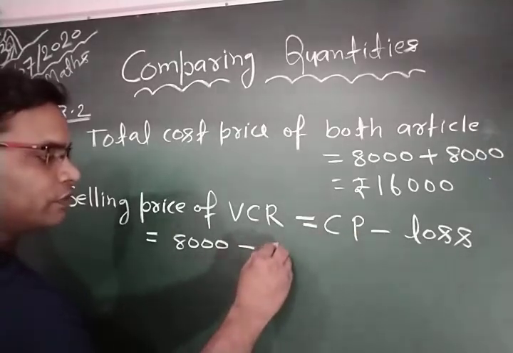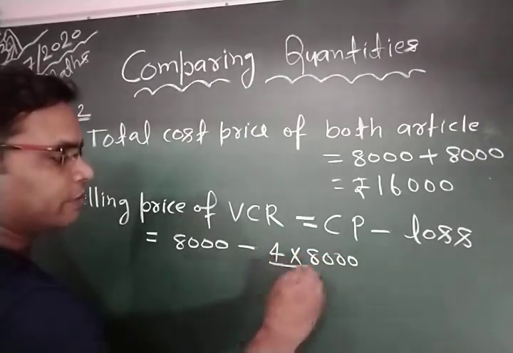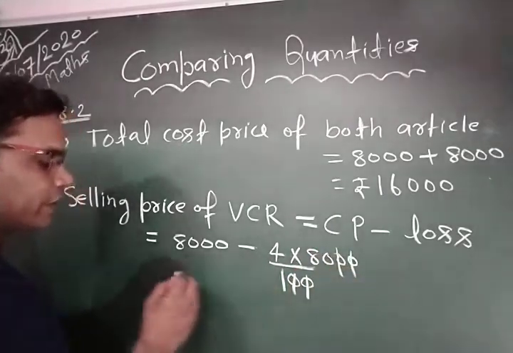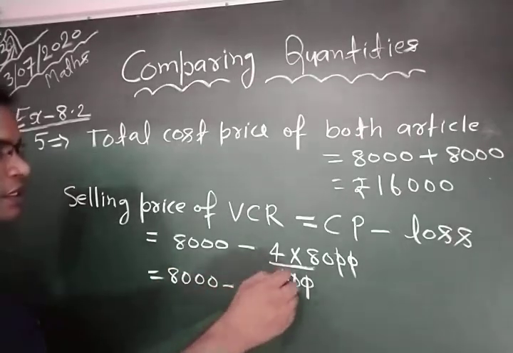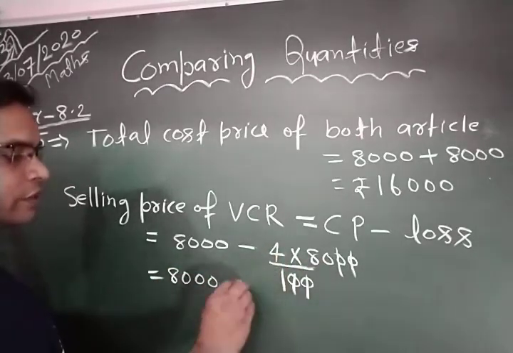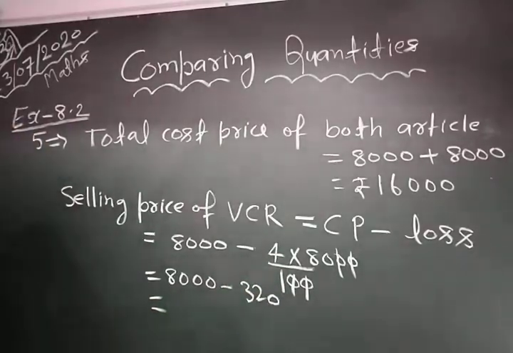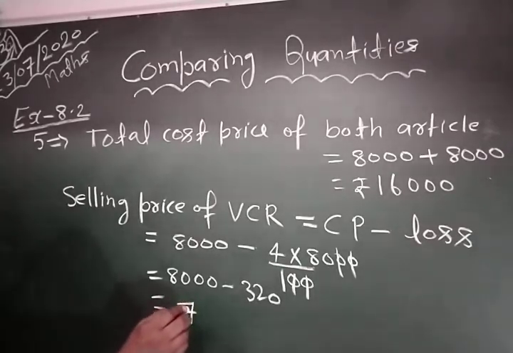So this is equal to 4 into 8,000 by 100. The zeros cancel. This is equal to 8,000 rupees minus 80 into 4, which is 320. So 8,000 minus 320 is equal to 7,680.